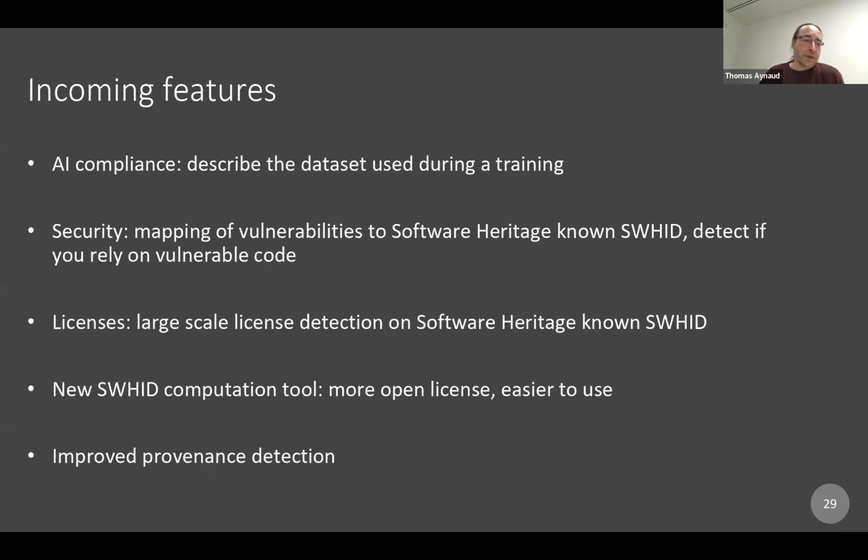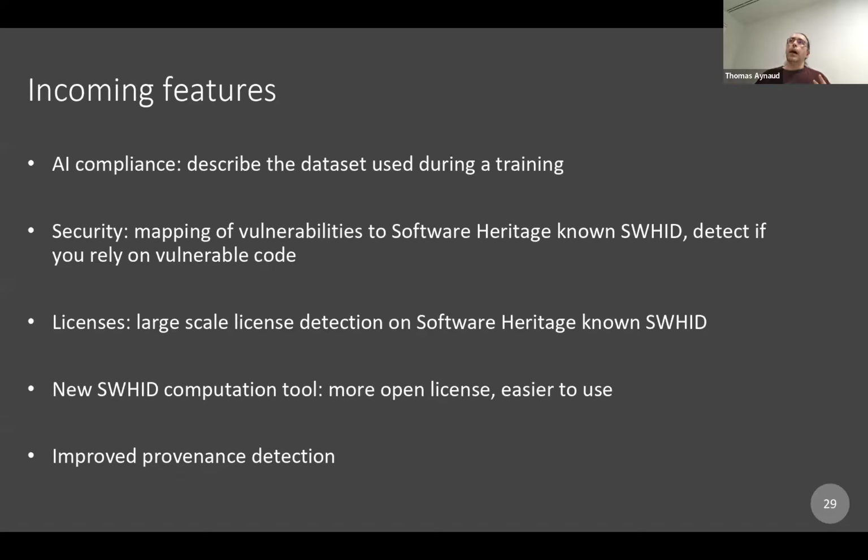Some incoming features that we are working on at Software Heritage, which can be interesting for the SWHID also. The first one is about AI compliance. We are working on a big project to allow people to build datasets for AI using the Software Heritage Archive.